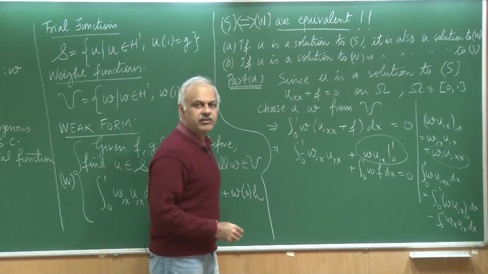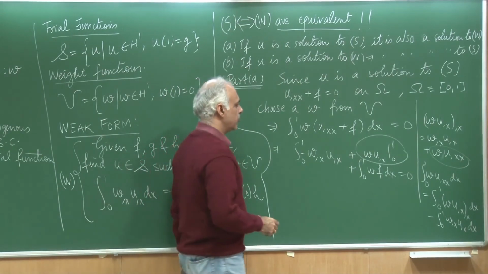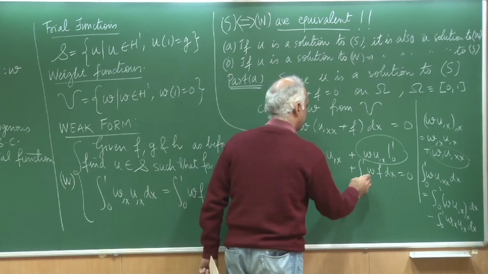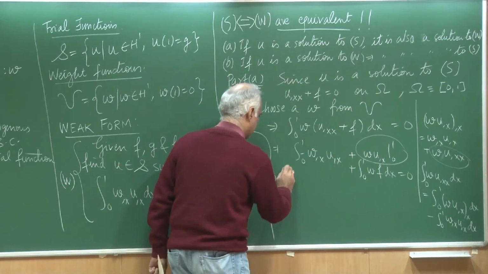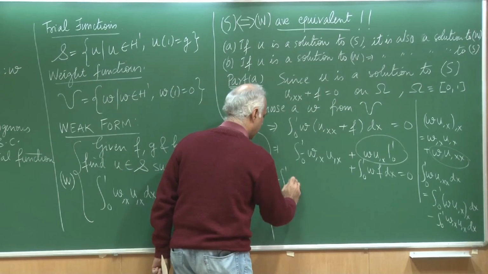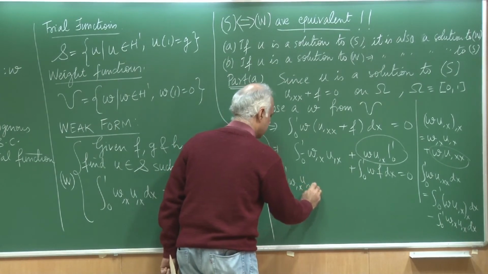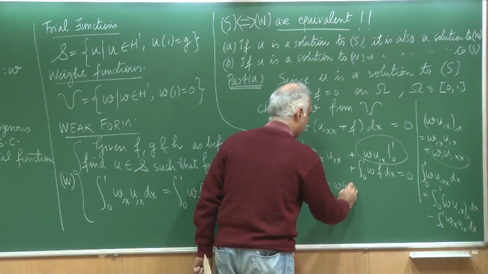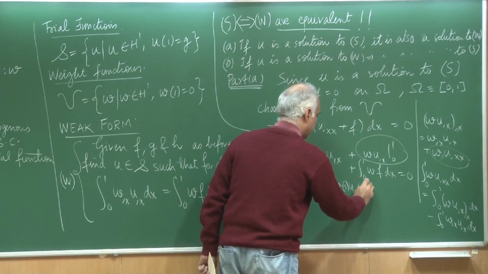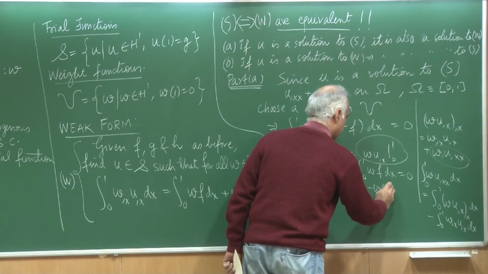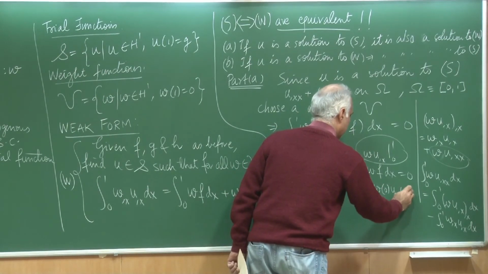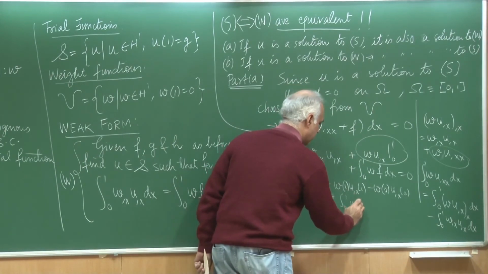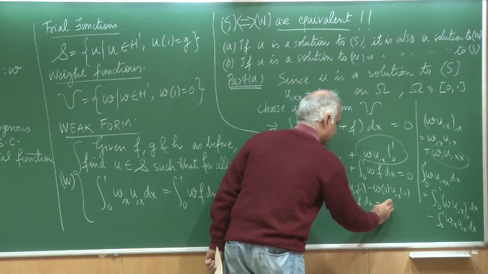I need to evaluate it on the boundary, so it has two parts. If I write it down: minus the integral from 0 to 1 of w comma x u comma x dx, plus w(1) u comma x(1) minus w(0) u comma x(0), plus the integral from 0 to 1 of w f.